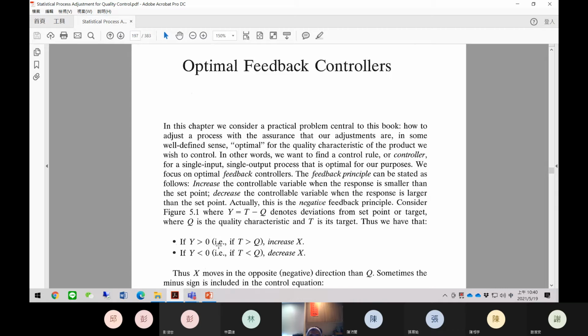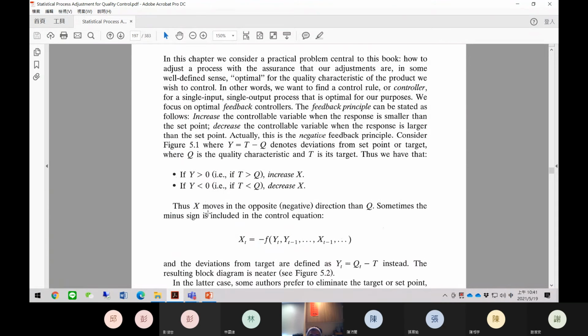If the Y is greater than 0, we increase X. If the Y is smaller than 0, that means the target is smaller than the set point, then we decrease the X. So the X moves in the opposite direction, or negative direction, to Q. So sometimes this minus sign is included in the control equation like this.